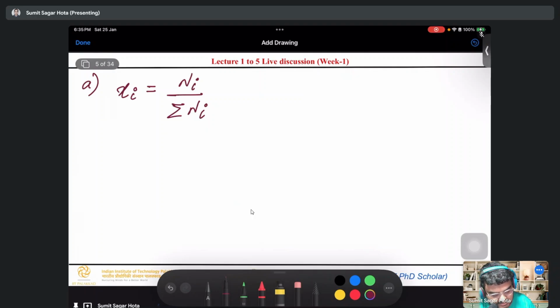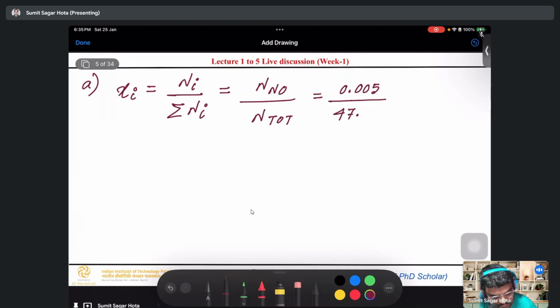In the A bit we need to find it for NO, so N of NO divided by N of total, which is 0.005 divided by 47.1.